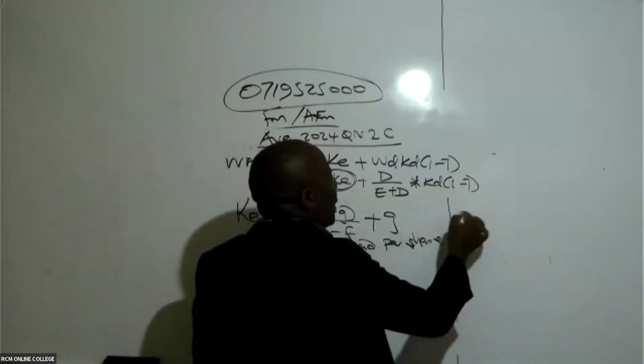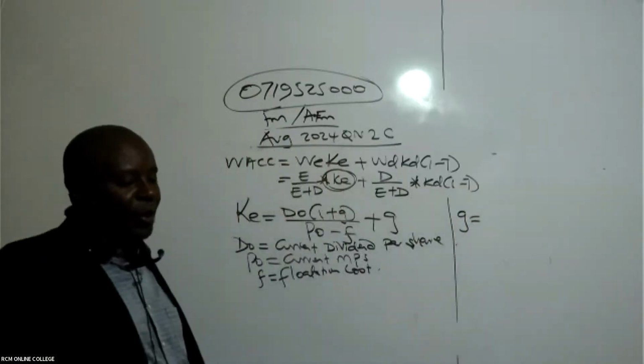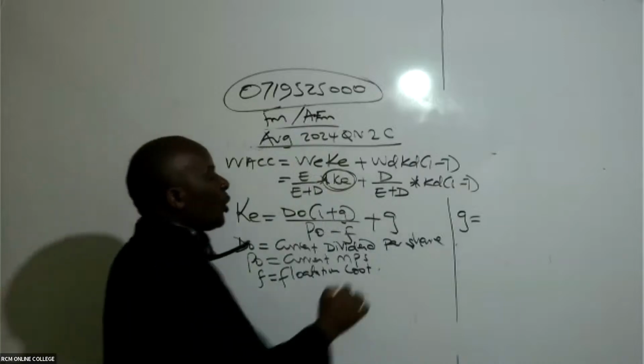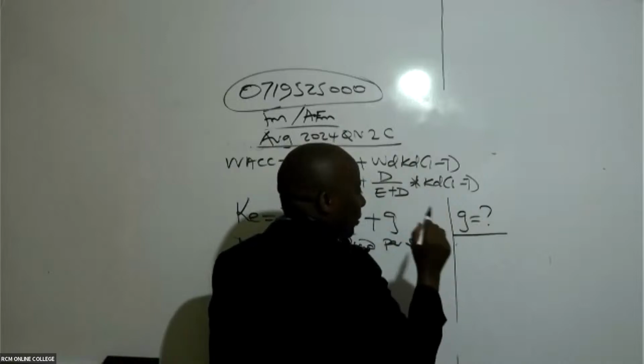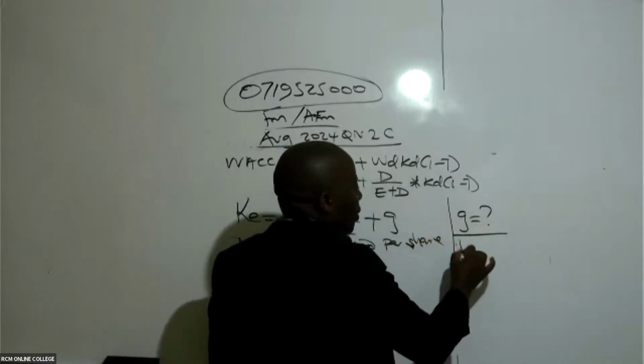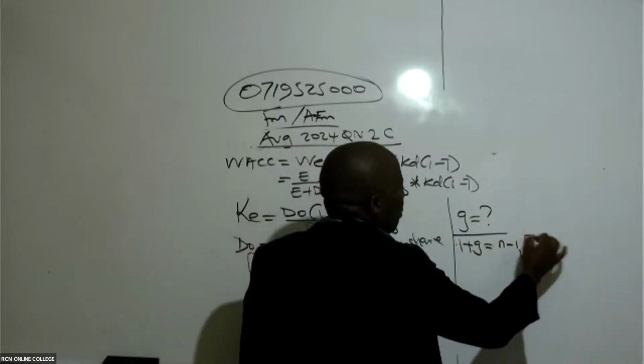Then, of course, we have G, which is the growth rate. In most cases, G will never be given to us; we must know how to calculate G. I gave you two formulas in our class for calculating G. To get G, we talk of 1 plus G equals the N minus 1 root.